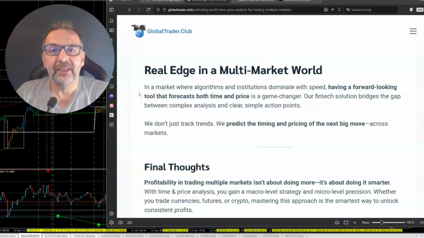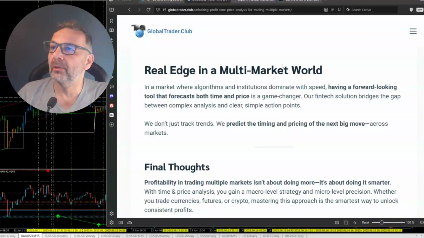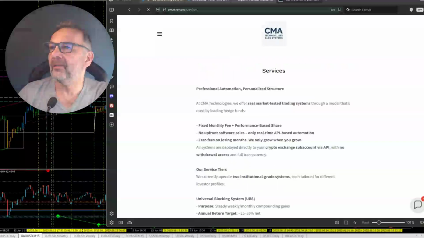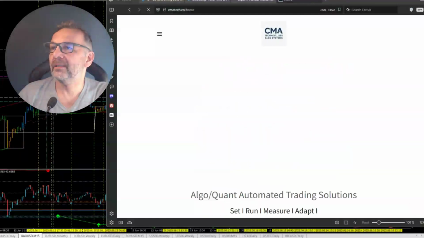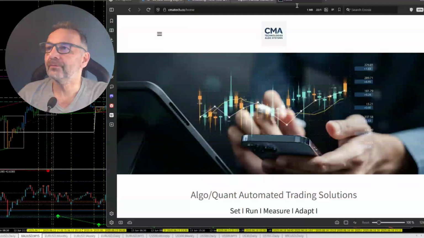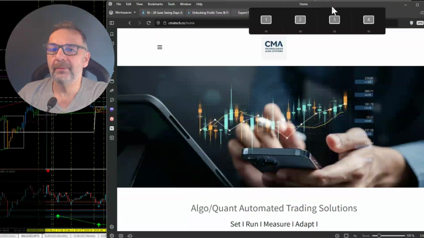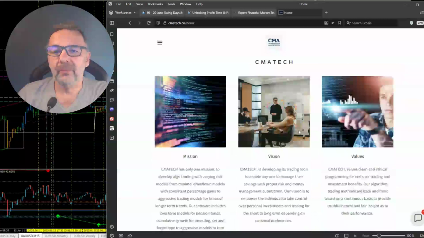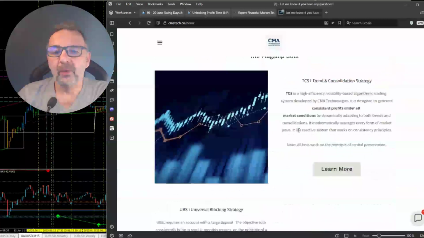Also, if you haven't seen our quant trading website, here it is. This is CMA Technologies. Okay, this is cmatech.co. And this is where we've got some quant trading models as well.